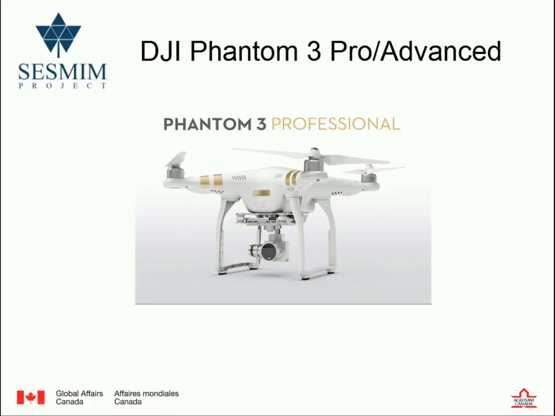Right now we're dealing with 12, and the other one is 20. 16 is the perfect one, but 12 is okay. The Pro and Advanced are 12 megapixel, the Phantom 4 is 20. The ideal size is around 16, so we're okay where we are. 20 doesn't give you any more benefits.